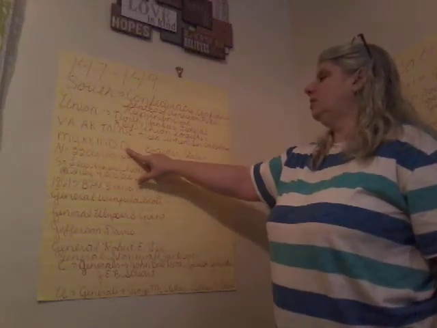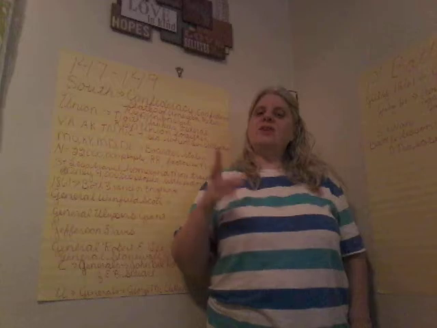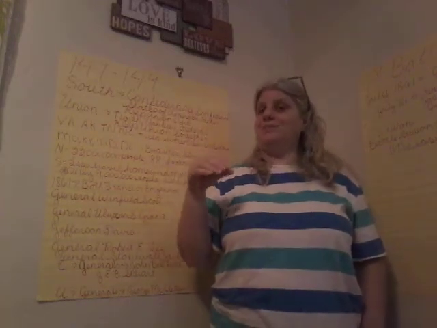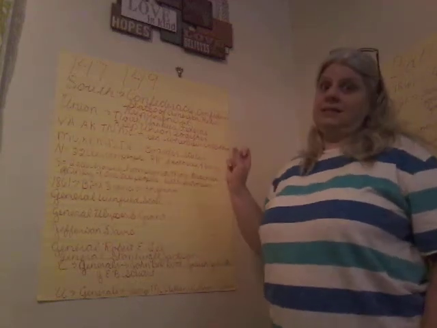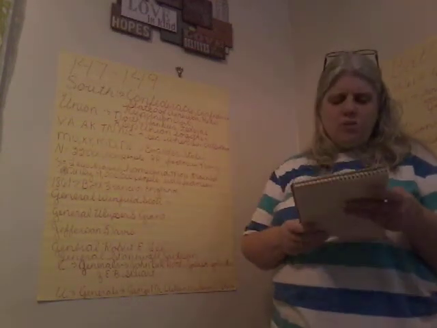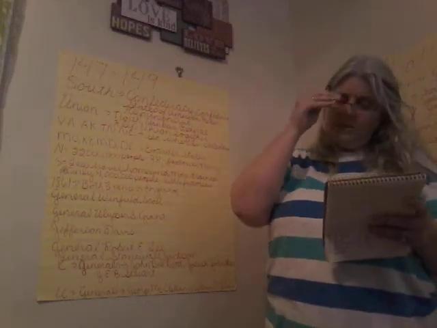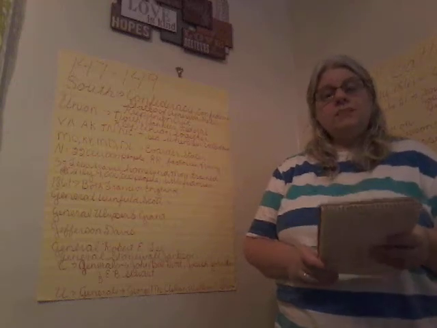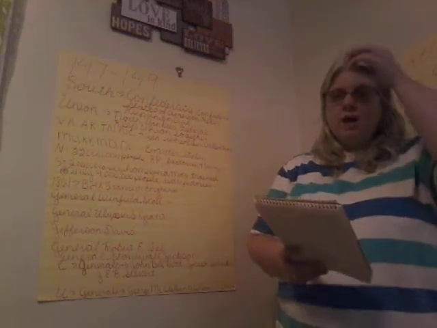Missouri, Kentucky, Maryland, Delaware. These border states are called border states because they border the Union and the Confederacy, but that's not the only reason. These are slave states that decide to stay with the Union, okay? So Lincoln was able to keep them in the Union. Some say he threatened them. I don't know if that's true.